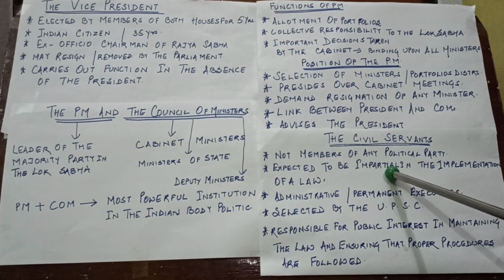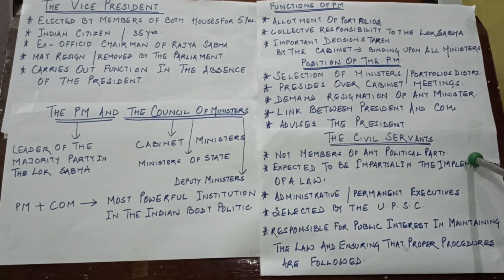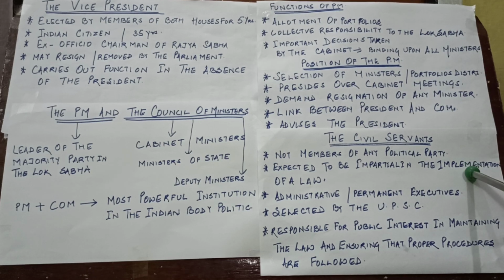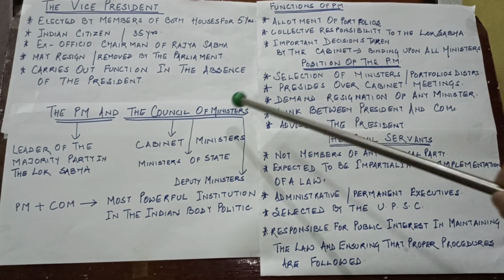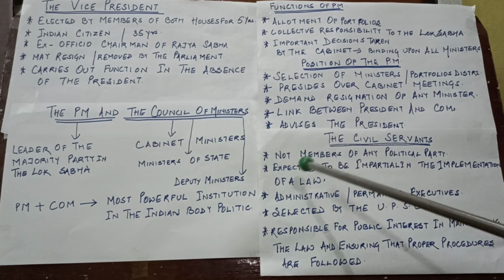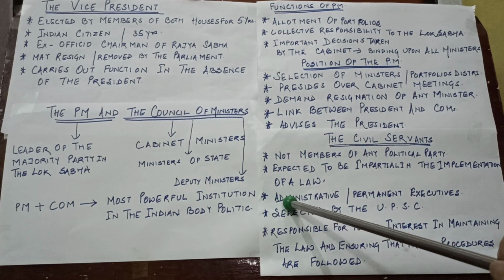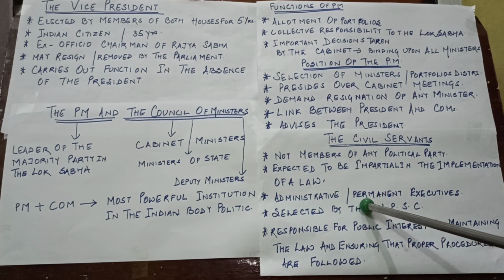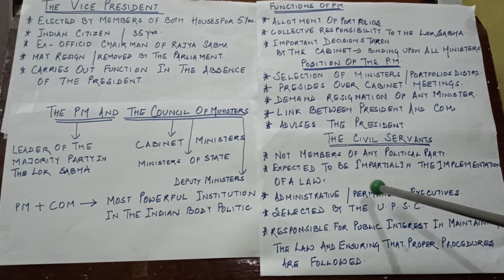As they implement the laws in the country which have been formulated by the cabinet ministers, this is the reason why they are also called the administrative and permanent executives.